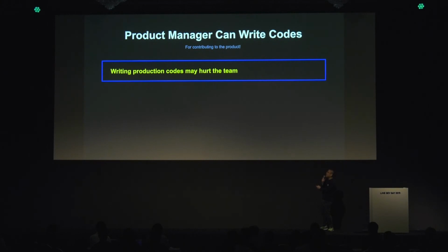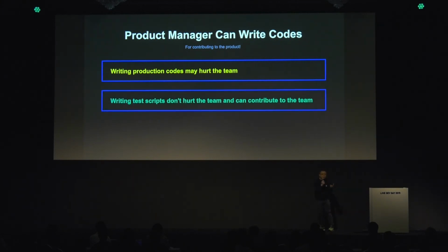So that is unrealistic. However, for them to write test codes, that's possible, as long as they know the grammar, in a short time they can write the test codes. Then they would not hurt the production code. And if it can be run, then that becomes an asset for the team. And this is a contribution to the team.